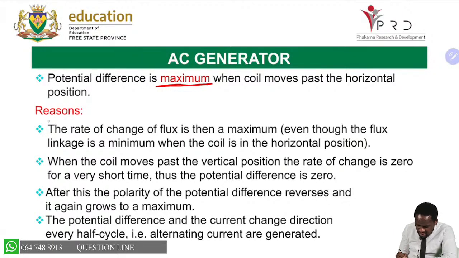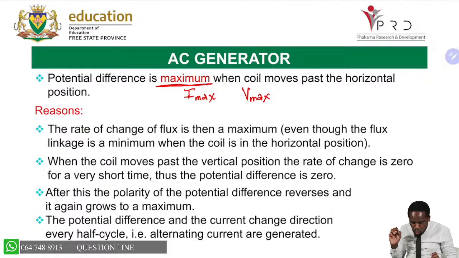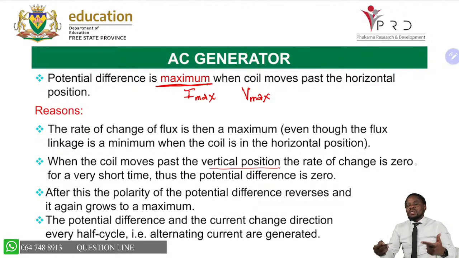So the current associated with that position will be your I max, which is obviously related to V max, which is the peak voltage, right? That's the most important thing. So when the coil moves past the vertical position, the rate of change is 0. What do we mean when we say the rate of change of magnetic flux linkage is 0?